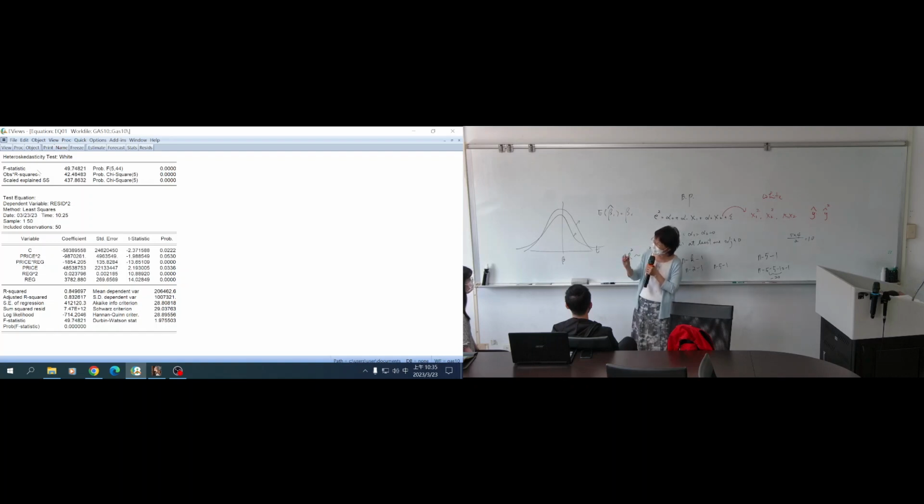Therefore, T and F, no, F is for the whole model, right? They are all based on some standard errors. Okay, so the standard error increases or decreases, which means we do have unbiased coefficients, but the standard error is not stable, either increasing or decreasing. Therefore, the result of the hypothesis testing is unreliable.